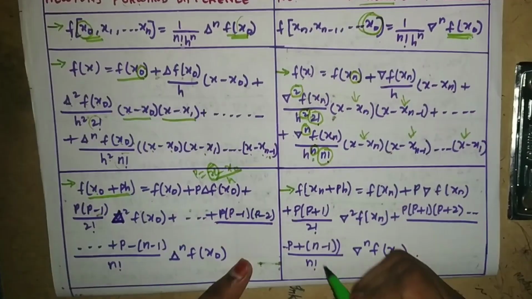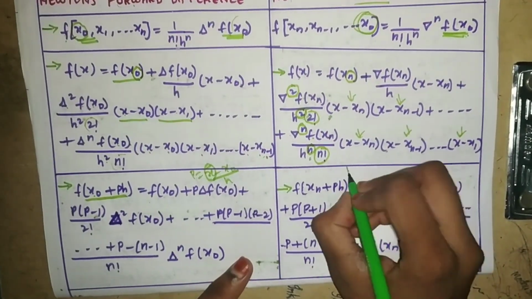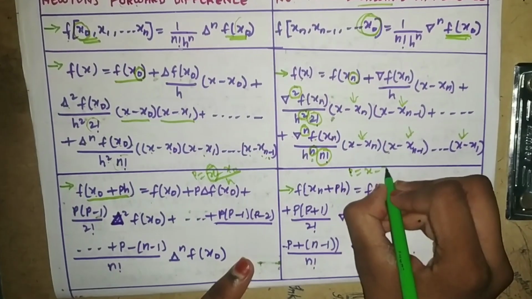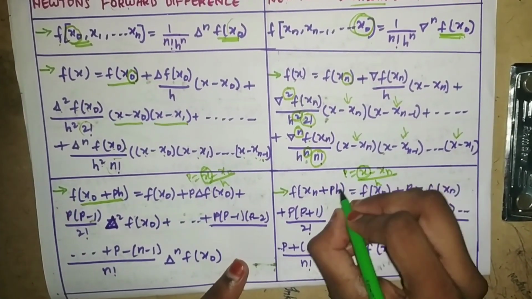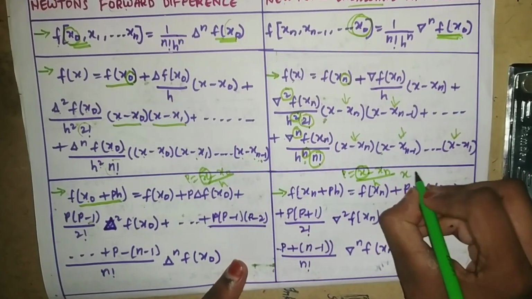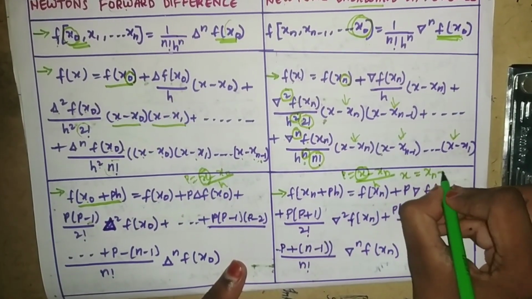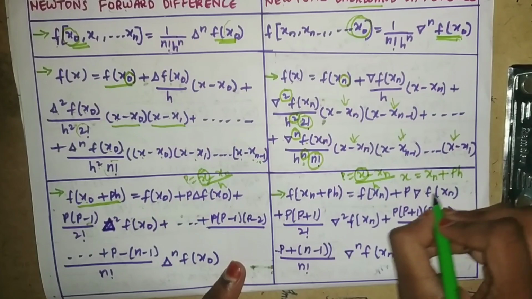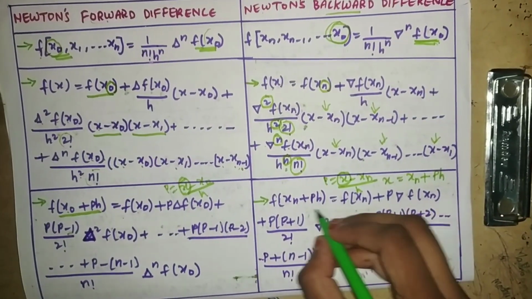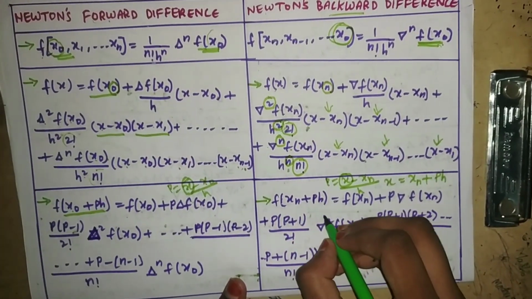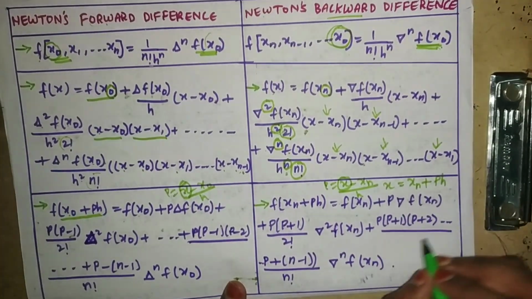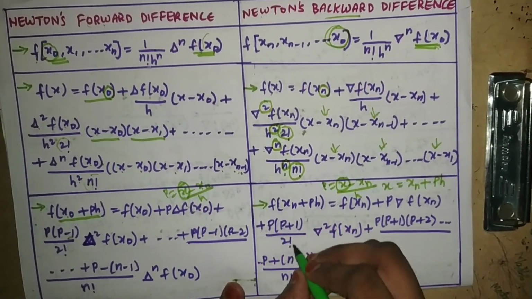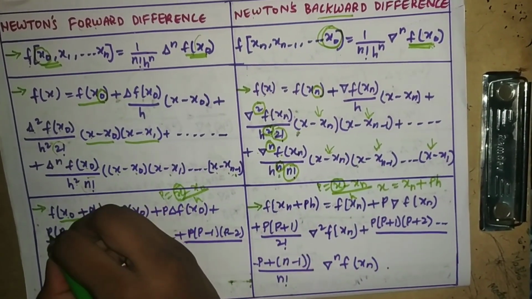Here the backward difference formula is given as: p is equal to (x minus xn) divided by h. We are taking the value of x from here. If you take the value of x, it is equal to xn plus ph, and f of xn plus ph is equal to f of xn plus p del f of xn plus p into (p plus 1) by 2 factorial, where in forward difference we took p into (p minus 1).